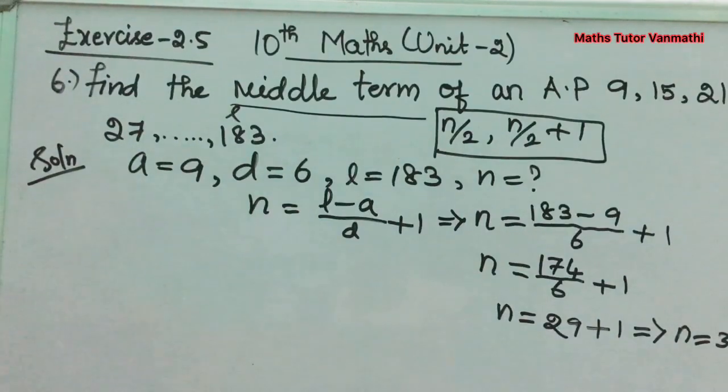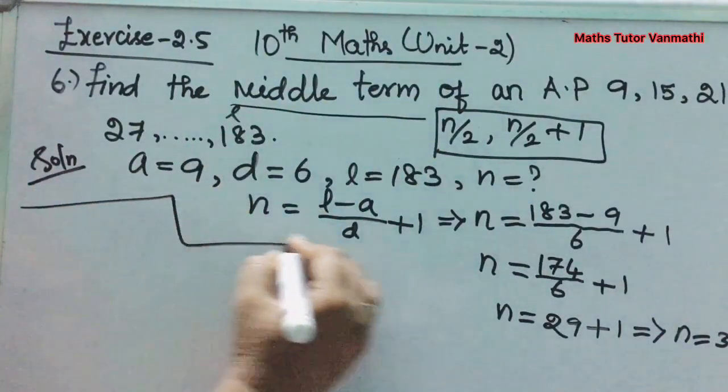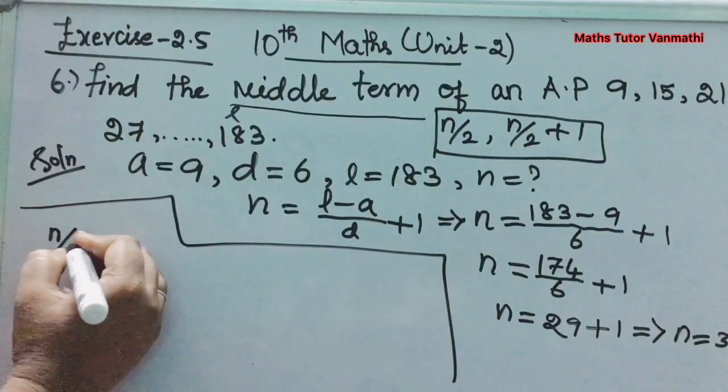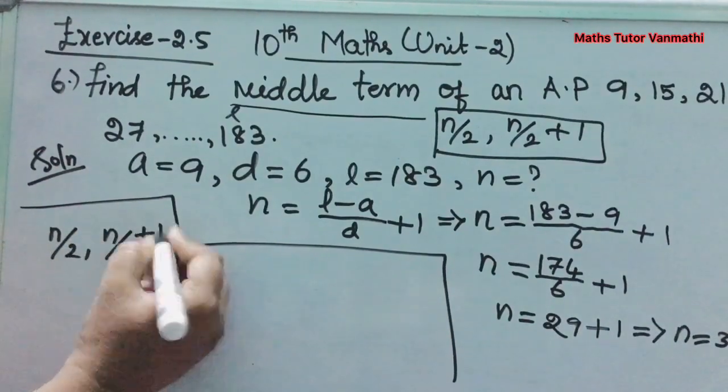Up to here clear to everyone? Now we have found the n value. By using this, we are going to find the middle terms first, and then we are going to find the middle term values next.